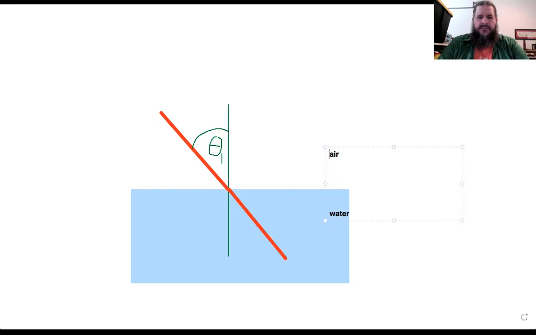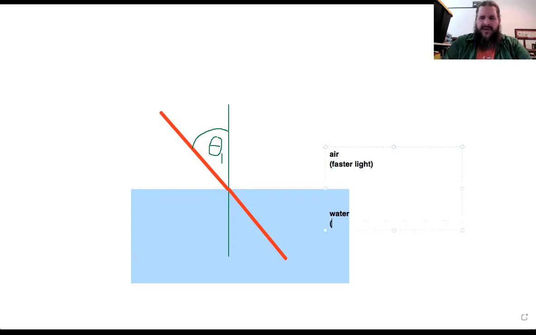They have different indices of refraction. Right, different indices of refraction, which is ultimately all about speed. High index of refraction means a slow speed of light. Lower index of refraction means a higher speed of light. And would you expect light to travel faster in air or in water? Air. Yeah.